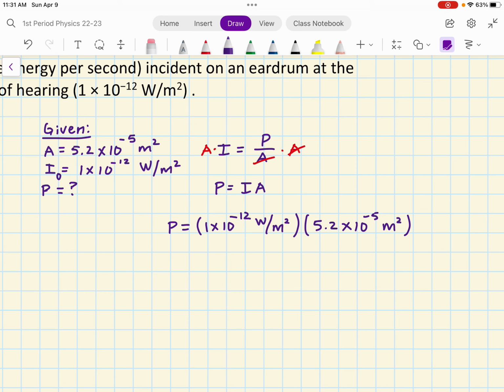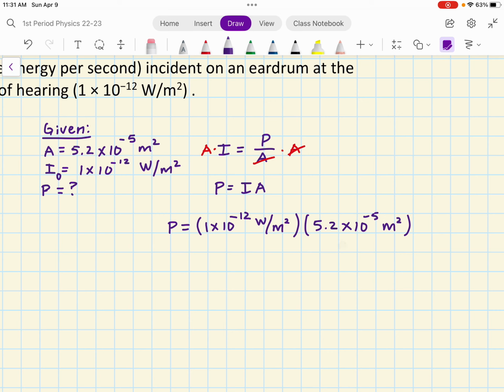If you're good in math, we're multiplying 1 times some power, then 5.2 times some power, so I could just combine the exponents. This is laws of exponents. 5.2 times 1 is 5.2, and then negative 12 plus negative 5 is negative 17. So my answer is going to be 5.2 times 10 to the negative 17.